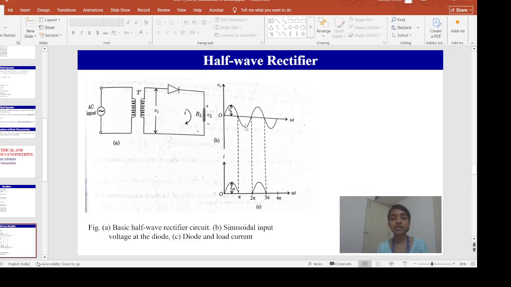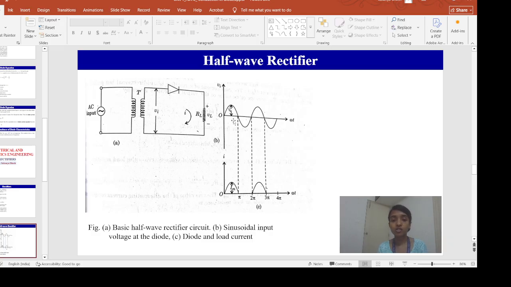Now during the negative half cycle of the input signal, what will happen? This is negative, now this is positive. So the negative of the input signal is connected to the positive of the diode, so the diode will be open circuit. During the negative half cycle of the input signal, my output voltage will be 0. We are just trying to observe the output current.